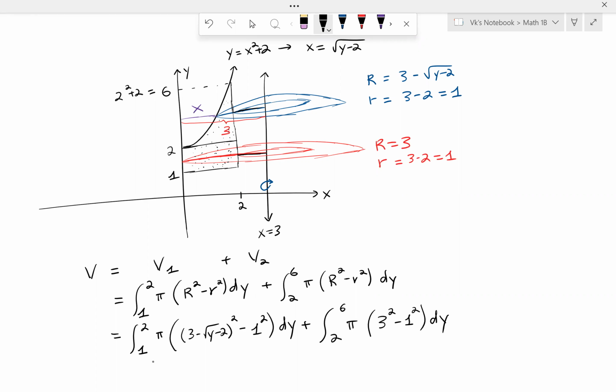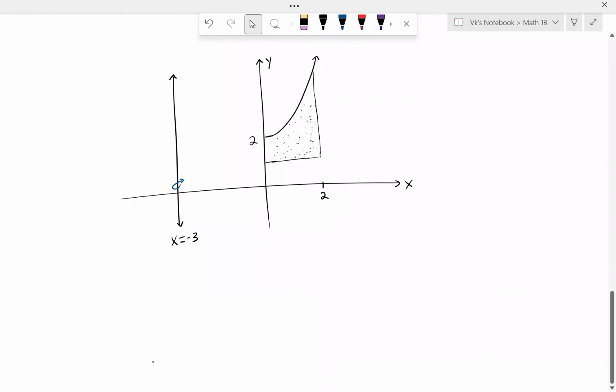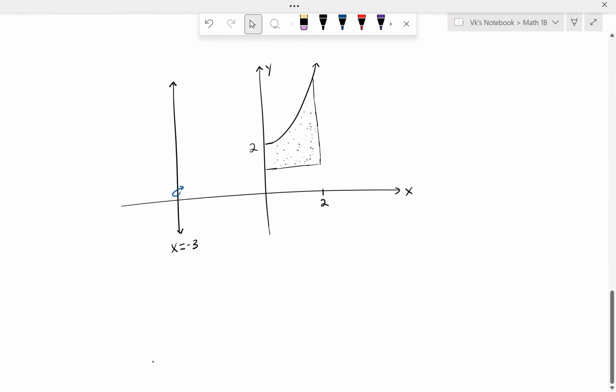Cool. One more. Now, let's say that in this D here, we want to rotate the bounded region about the line x equals 3. So same thing here, if we do that kind of rotation, there are two different regions.